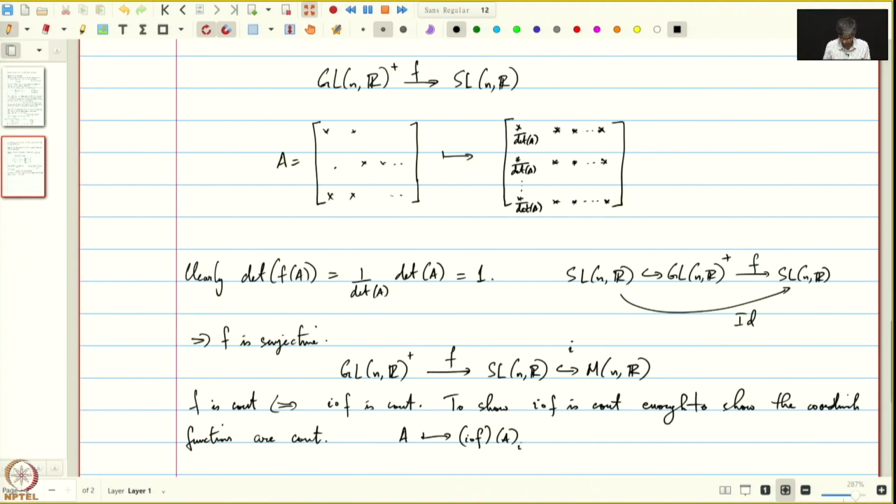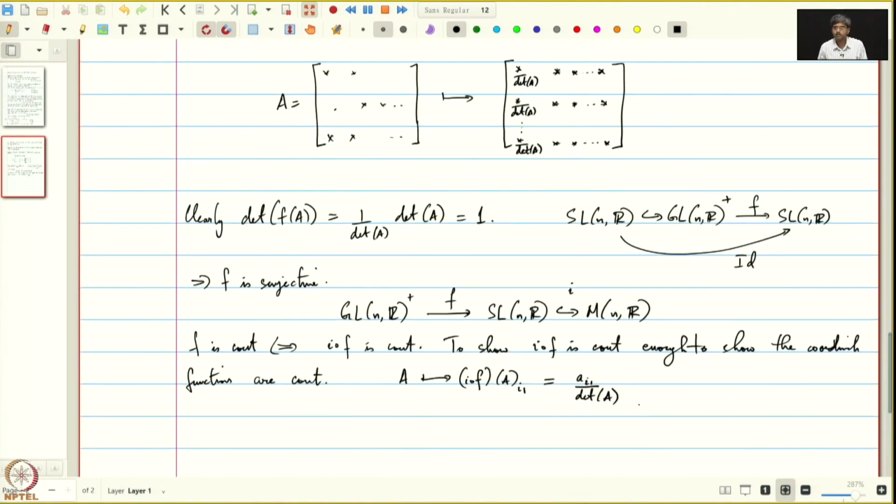in the first column, the entries are of this type: A_i1 divided by determinant of A. Yeah, but 1 upon determinant of A is once again a continuous function.